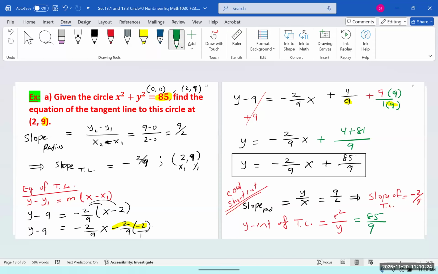So we got 9. So that's the trick. Y-intercept is the radius square over 9. In the final exam, if you don't have time, you can use the shortcut. I know it is cheating. It's a shortcut.